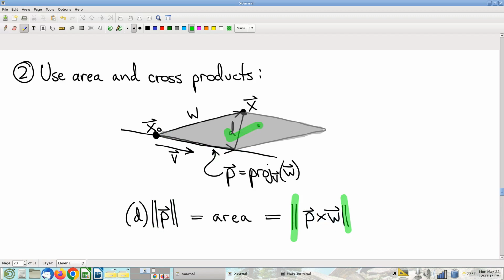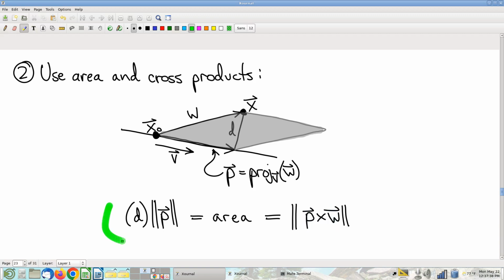Okay. Yeah. I guess also along the same lines, I'm a little confused as to how the cross product of p and w is equal to just the p vector. Oh, no, it's not.